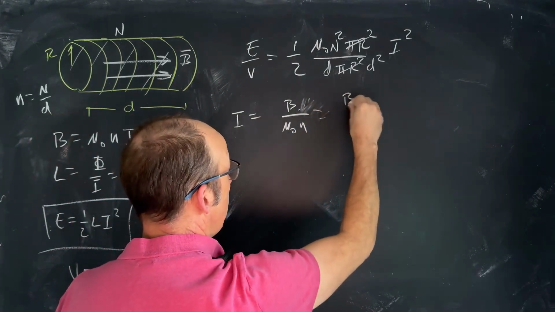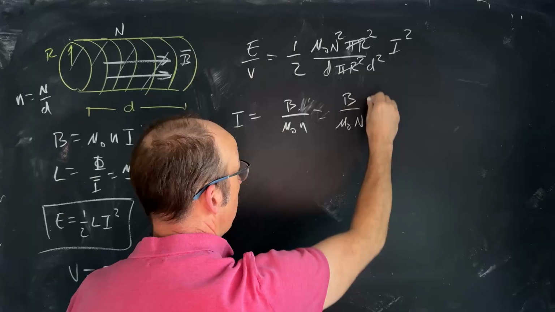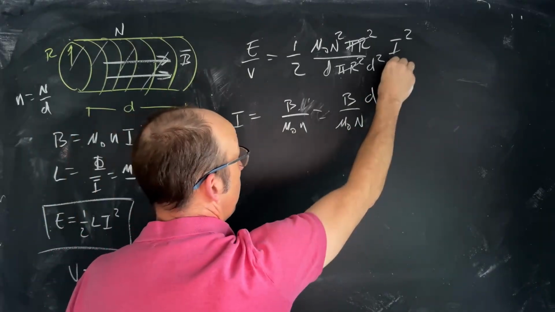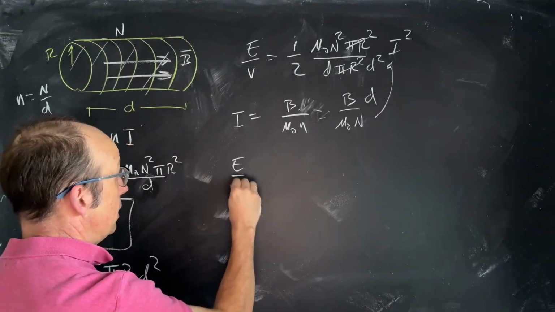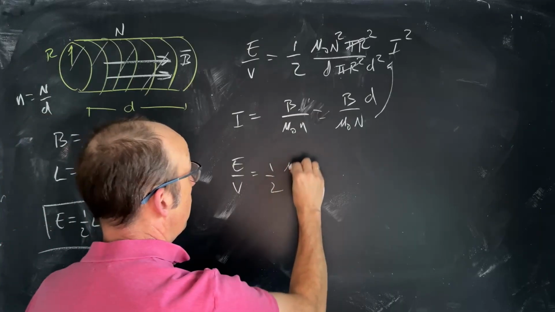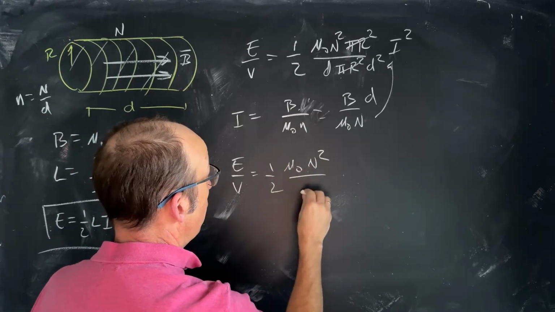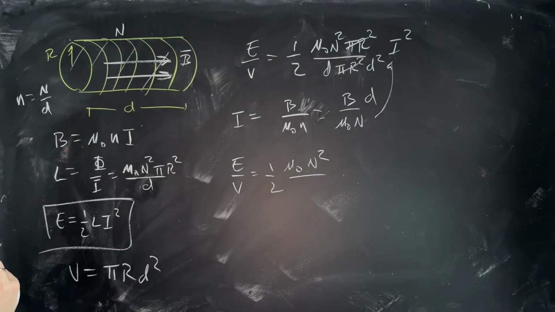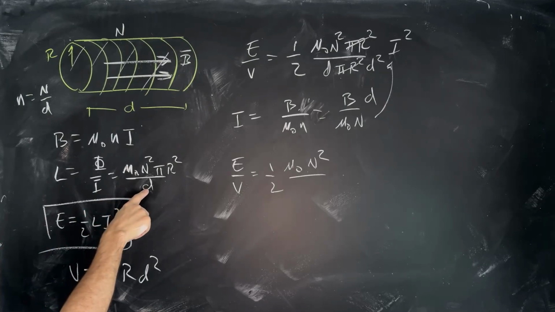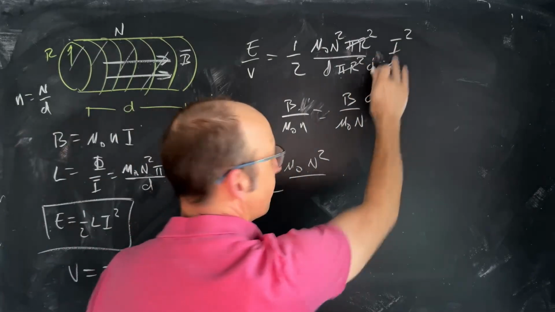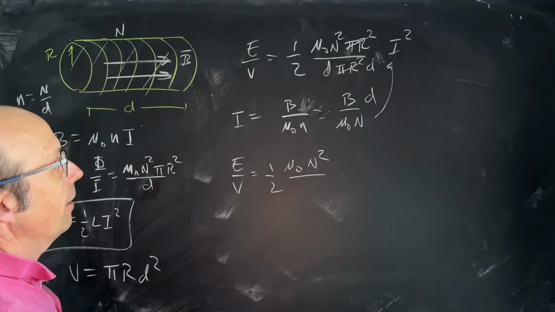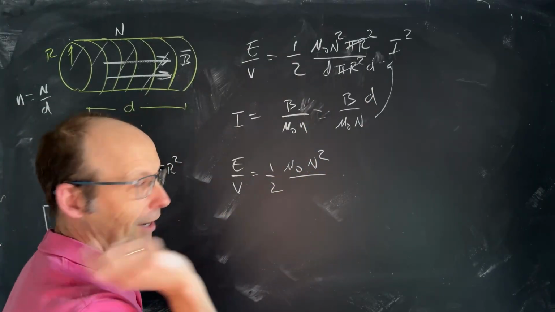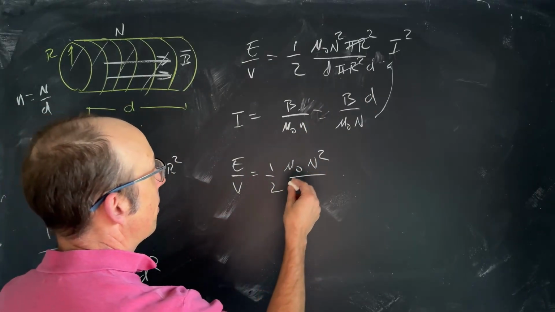So this is B over mu naught N D. If I substitute that in for I squared, I get the energy density E over V is 1/2 mu naught N squared over, why do I have a D cubed? That one came from the L, and then where did the other one come from? The volume. No, the volume doesn't, that's D. See? I caught my error. Right, it's pi R squared D, not D squared. Got it. Whew. Okay, so where was I?